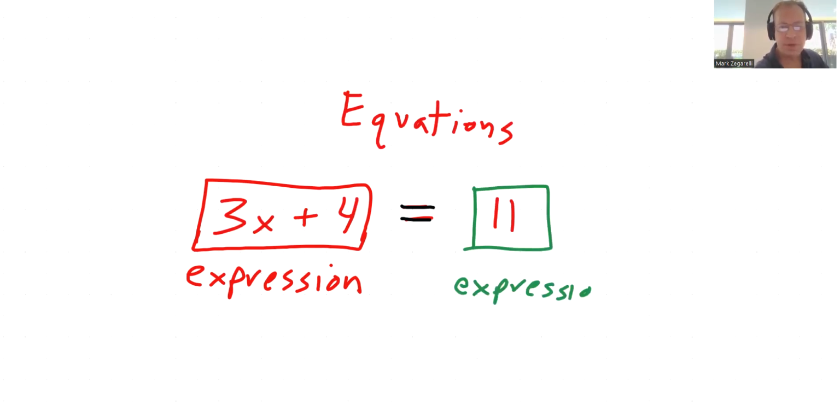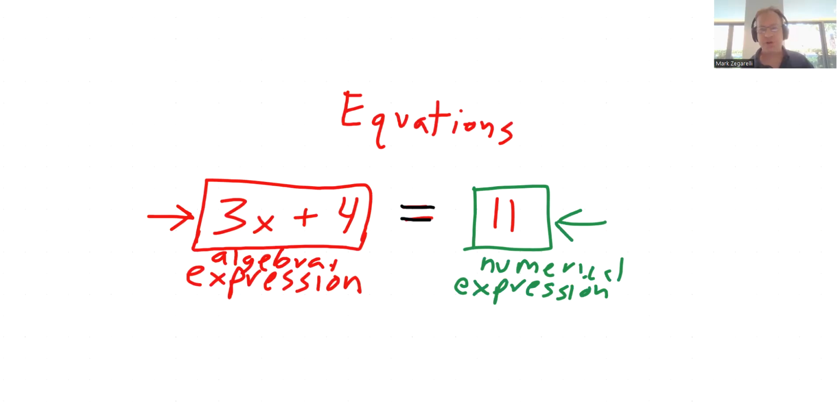Now, as it turns out, this expression is just a number. It has no variables, so it is called a numerical expression. And in contrast, this expression has at least one variable, so it is called an algebraic expression. That's more information than you need, but expressions are really important.